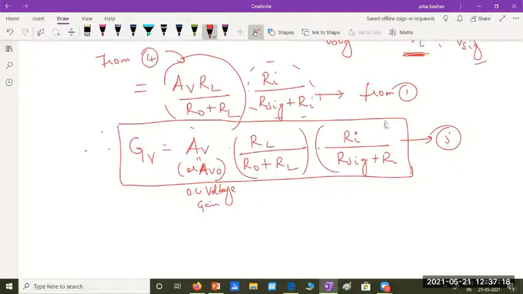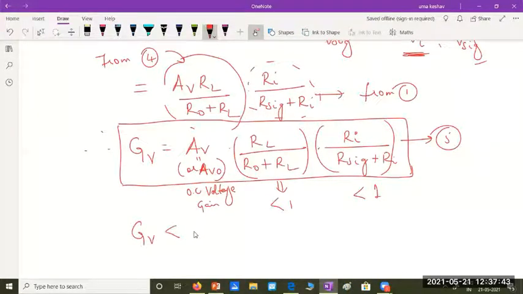Both of these values will surely be less than 1. Yes or no? Looking at the terms in the ratio, you can easily see both these values will be less than 1. So what do you expect the overall voltage gain to be in comparison with open circuit voltage gain? It will be less. It should surely be less.